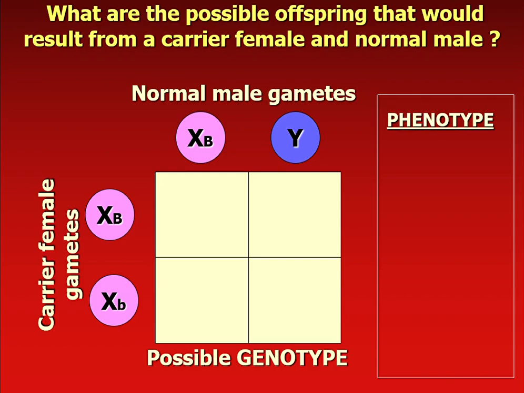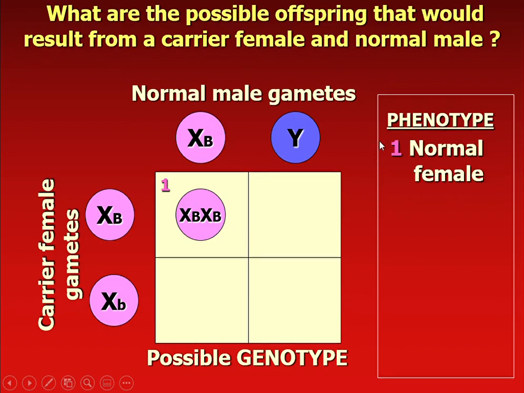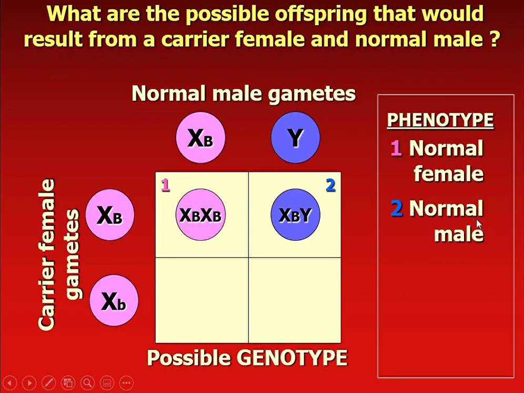So if we look in the first square here, what is the genotype going to be? It is going to be X^B X^B. That therefore represents a normal female. I'm just doing this on the side so you can follow this at the same time. What's going to be in this block? X^B Y. That therefore represents a normal male, like the father.